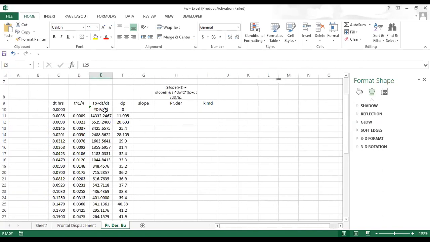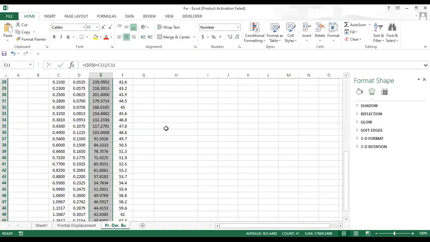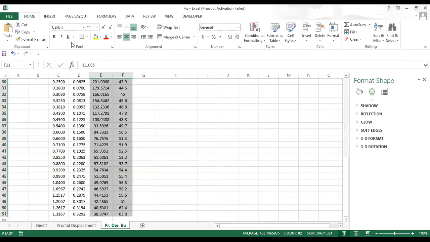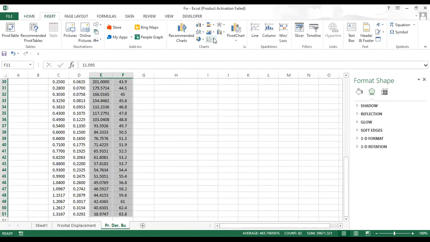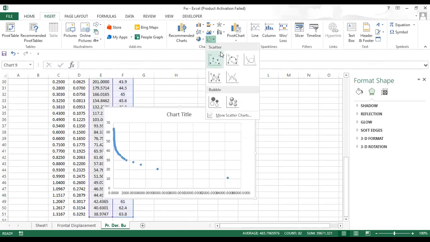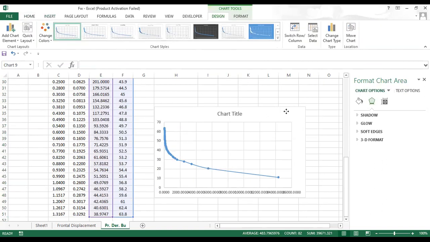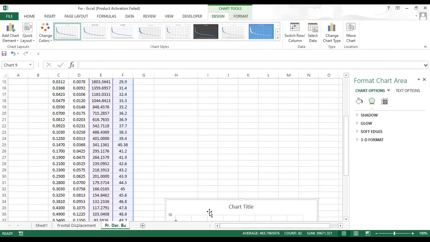I'm not going to select the first point since it has some error, so I will go with the second one. This is my x-axis, which will always be on the left side. Then whatever columns we select will come in the y-axis. So this is the graph of my pressure buildup.